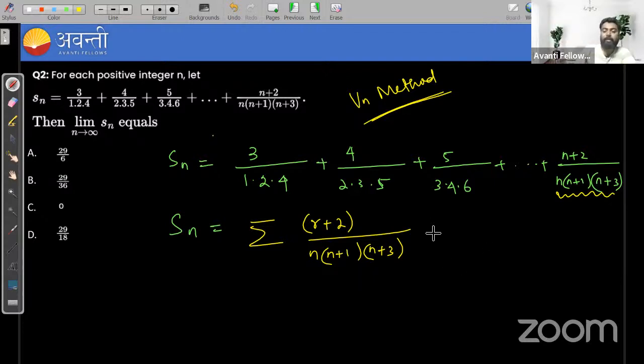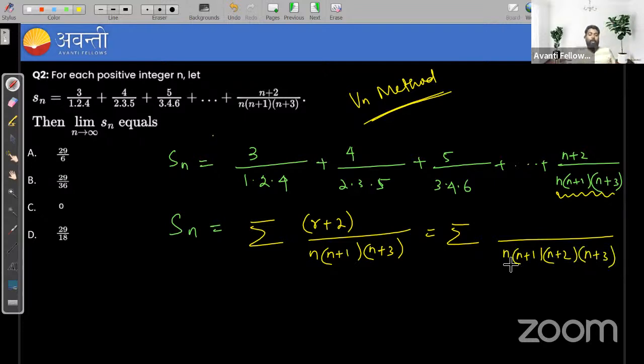So to complete the denominator, I'm writing the denominator first, that is n into n plus 1 into n plus 2 into n plus 3, like this. Okay, so we multiply a new factor n plus 2 with the denominator, and also we have to multiply that factor with the numerator.